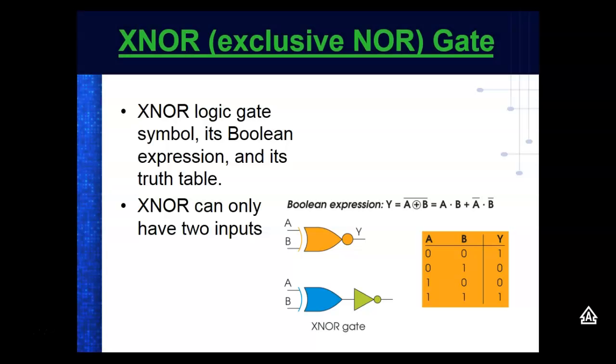This output is false. Do they have this in the book here? Yeah, they have this in the book here. So this is an exclusive NOR. In relays, in our PLC, we would wire it like this.